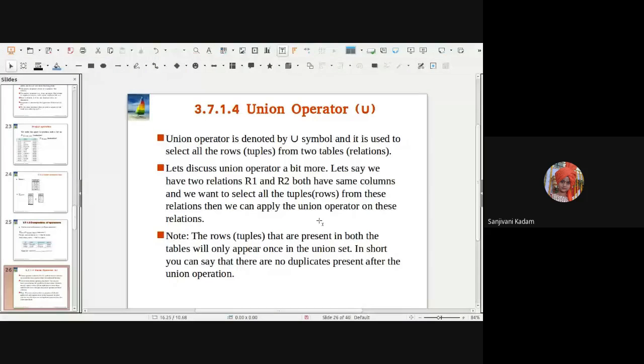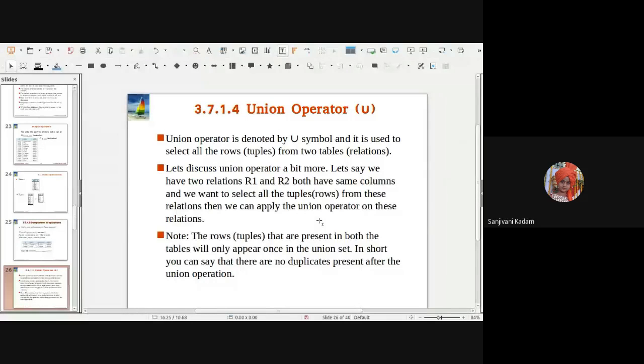Next we studied the union operation, which is represented by the U symbol. So whenever we have conditions which cannot be expressed only by connectives, and, or comparison operators, there we go for combining the results or combining the two outputs by using the union operator.